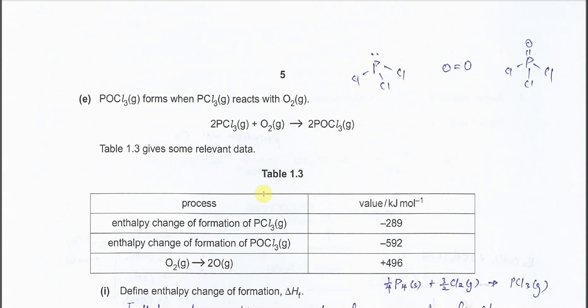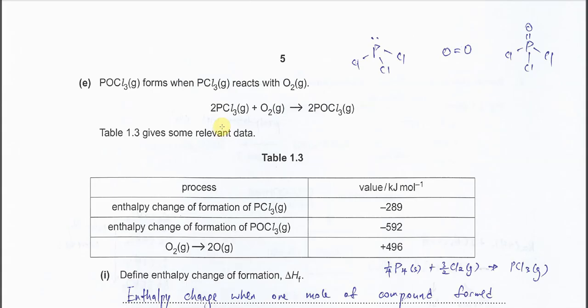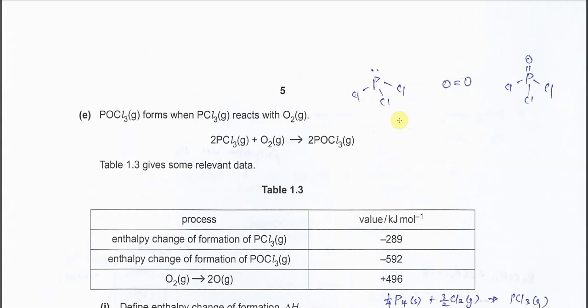For part E, now we have this equation. PCl3 reacts with oxygen, form POCl3. And the table, first you need to know the structure, how the structure looks like. PCl3 has 3 PCl bonds.